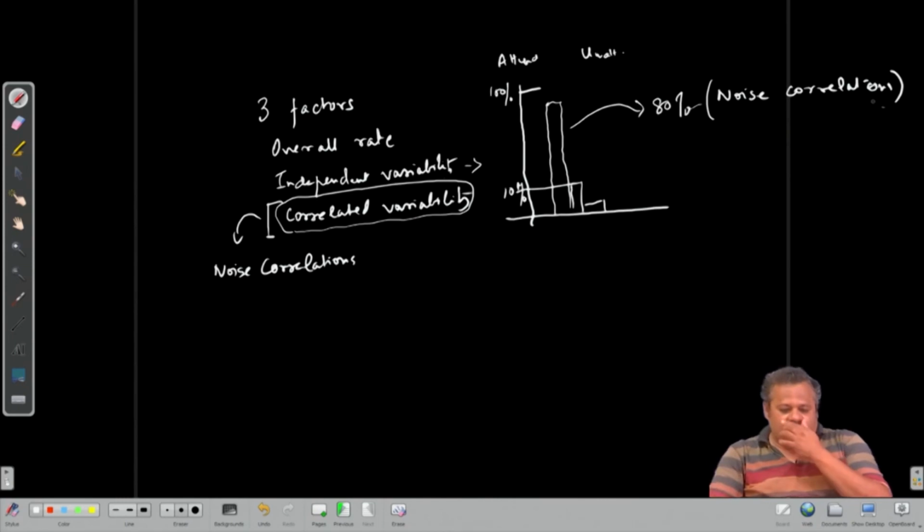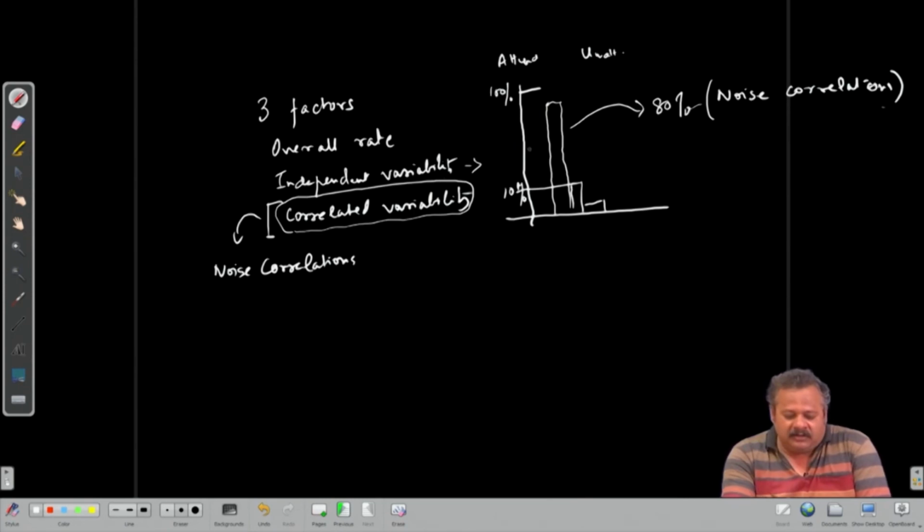So, at a network level, how all the neurons together are behaving becomes extremely important in the case of attention. When you take all three of these together, that approaches the 100% kind of limit.